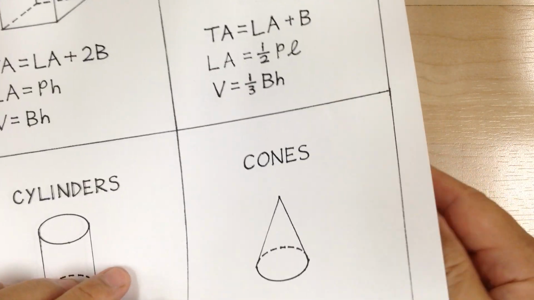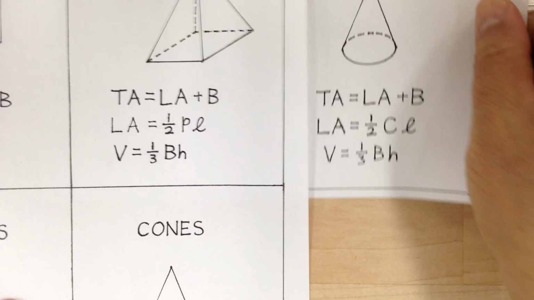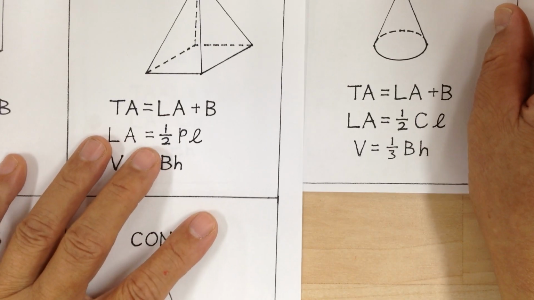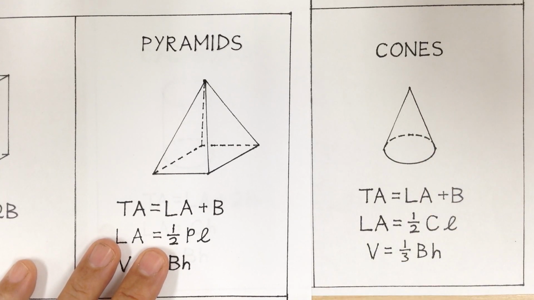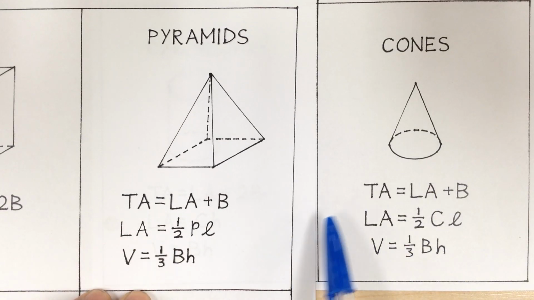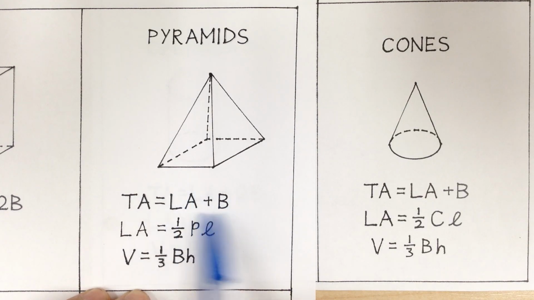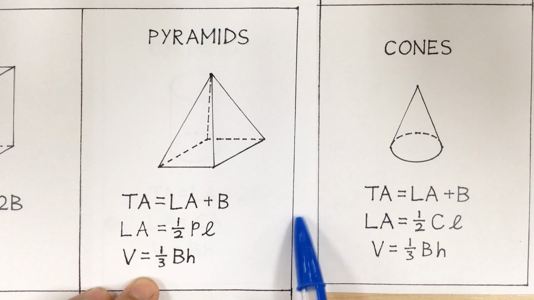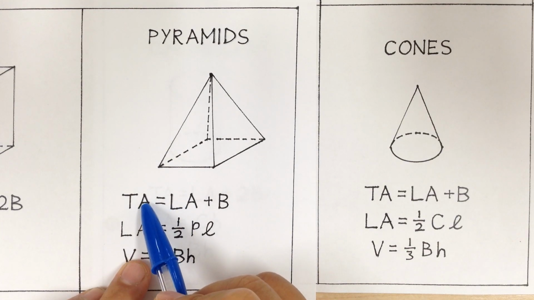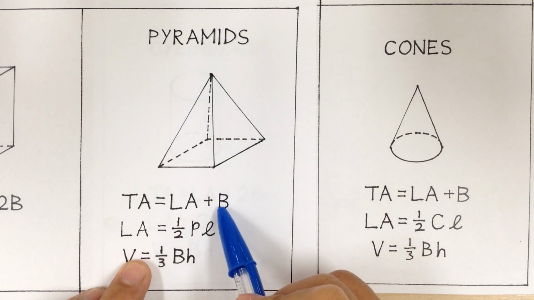And again, I prepared a handout for you guys. I'm going to put the pyramid and the cone next to each other. If you notice, this makes more sense and it's easier to remember. So the total area is equal to the lateral area plus one base.